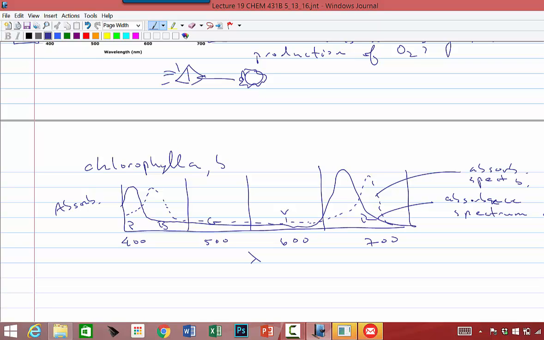What happens, as I've said before in previous lectures, is that the electrons get removed from the water and transferred to this thing called YZ. That Y stands for a particular amino acid, tyrosine.